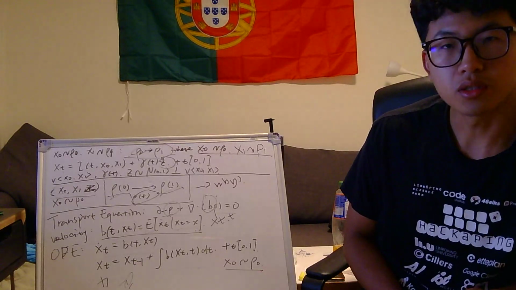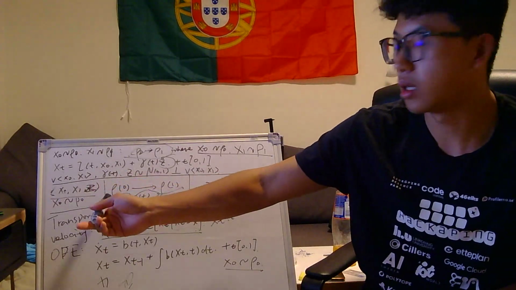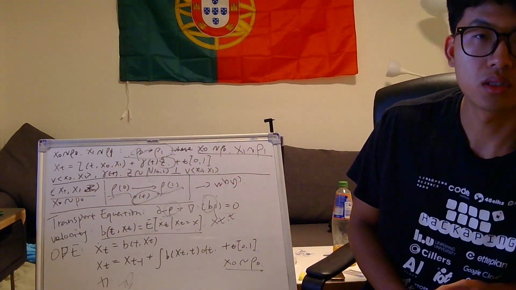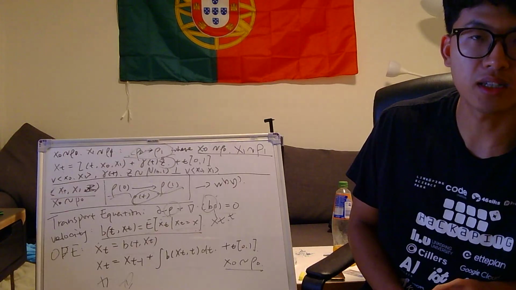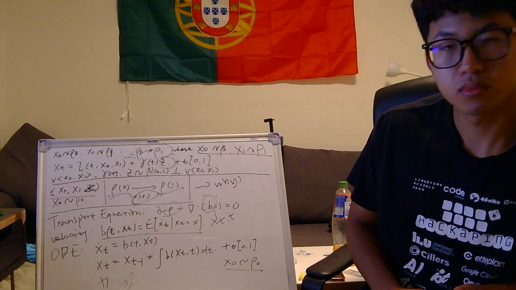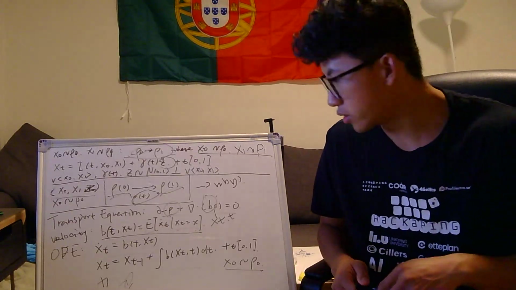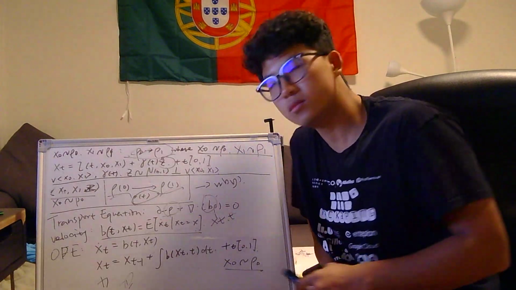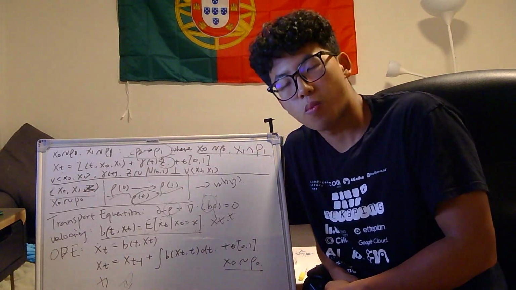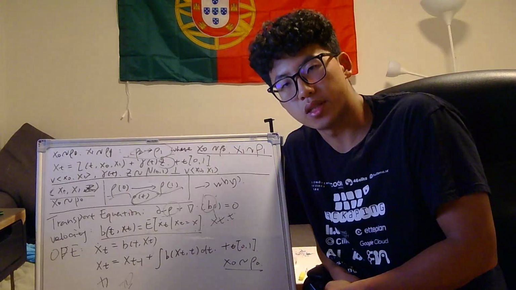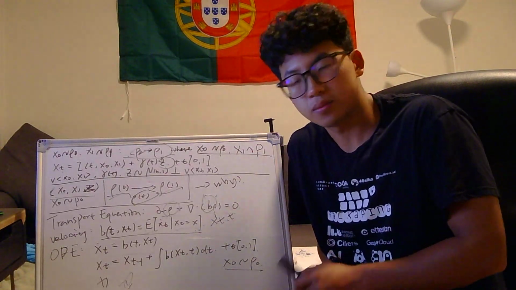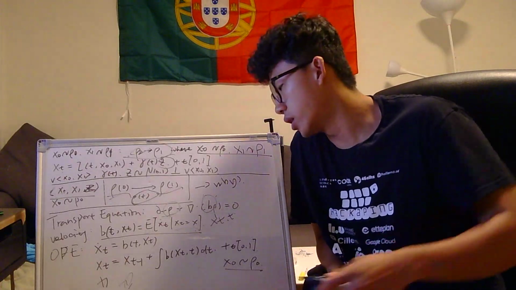So the solution of our stated problem is the transport equation introduced by stochastic interpolants. This transport equation is about rho, which is a density function on t, and velocity. Here we know that velocity is b.